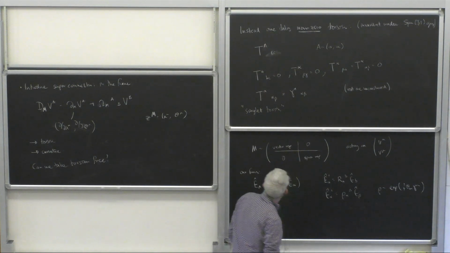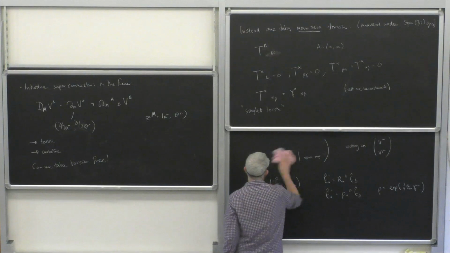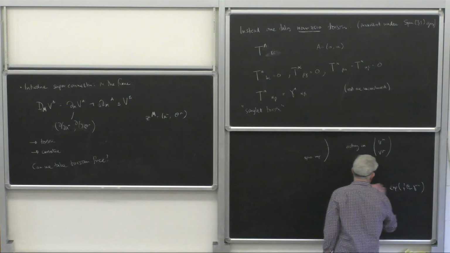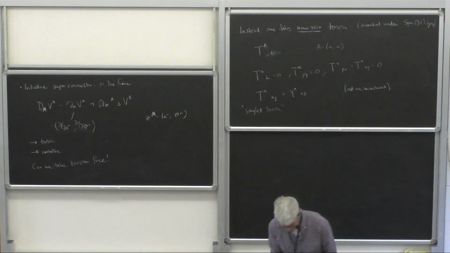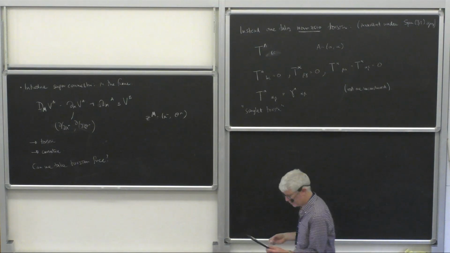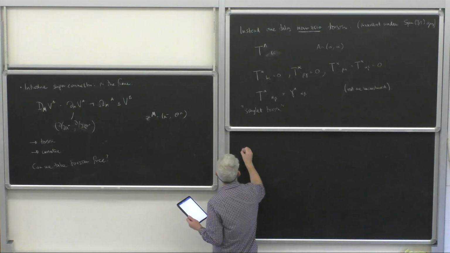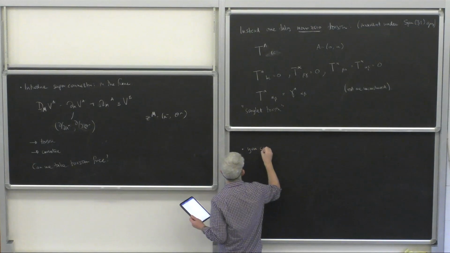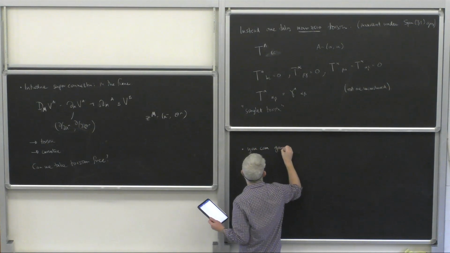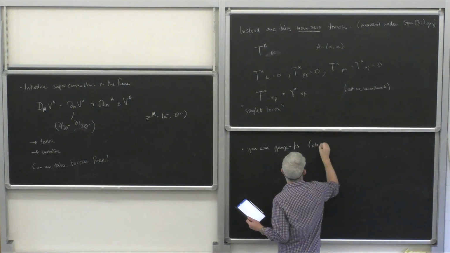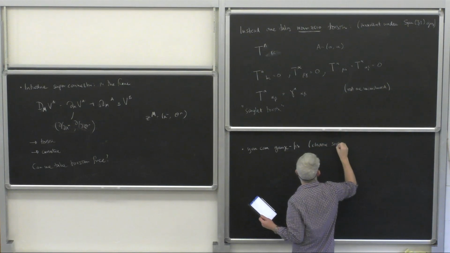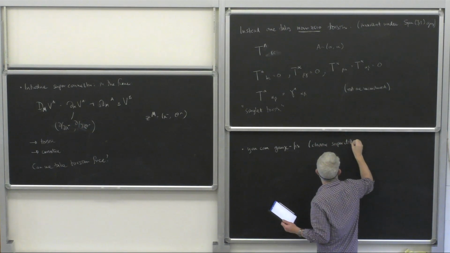Let me just say briefly, how do you get the theory that we wrote down before? You can gauge fix. That's choosing superdiffeomorphisms.